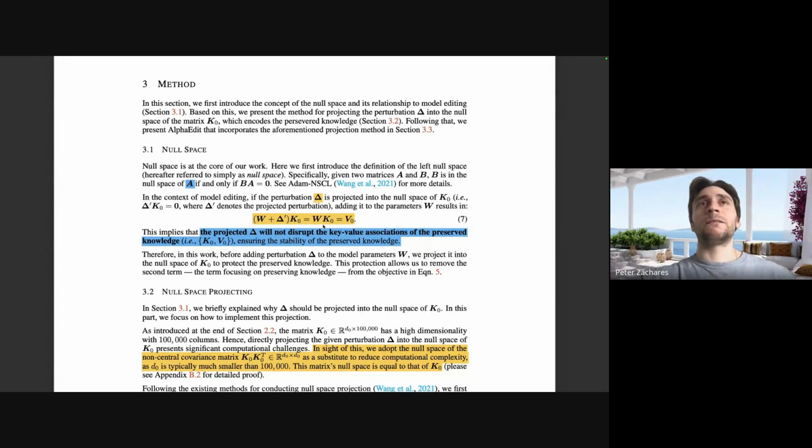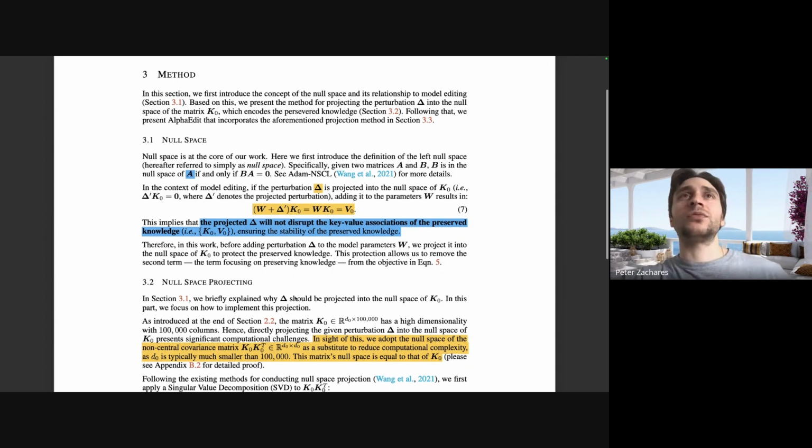Also, I wanted to point out that the null space of K naught is your null space of preserved knowledge, which is interesting because K naught is not a fixed parameter of the model. Instead, it's calculated based on the input of the model. It's input dependent. So K naught is kind of your preserved knowledge in this case, if anyone's wondering.